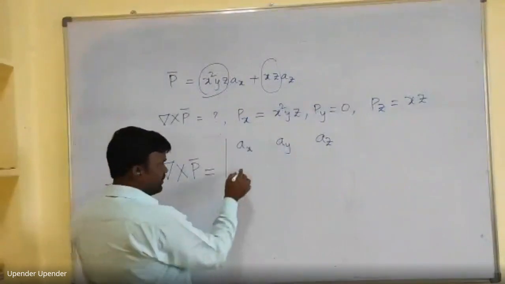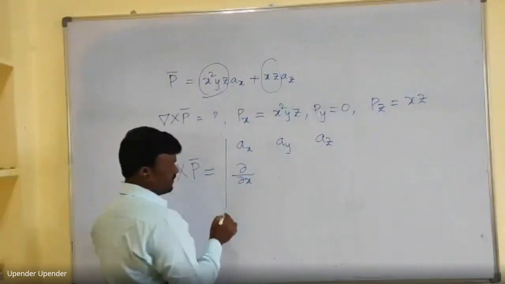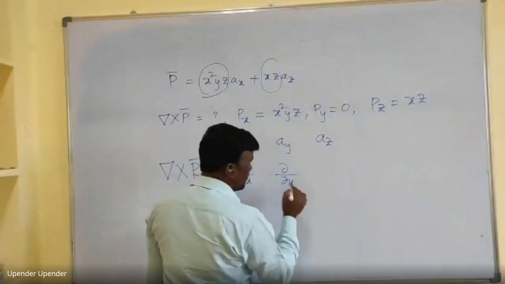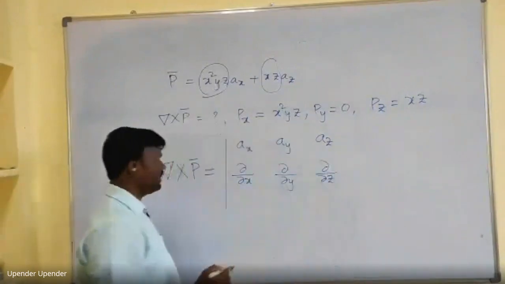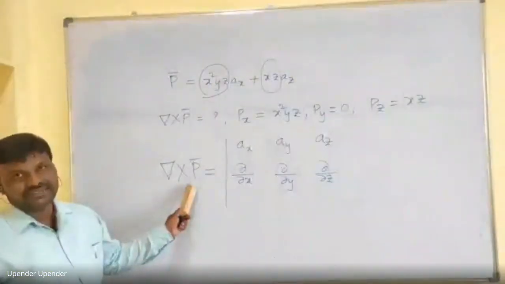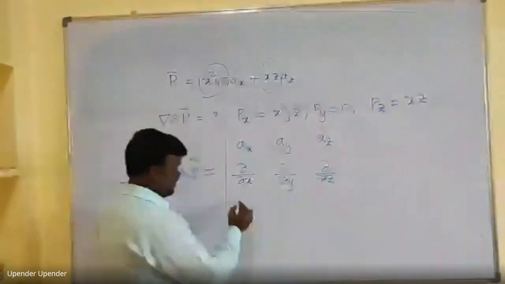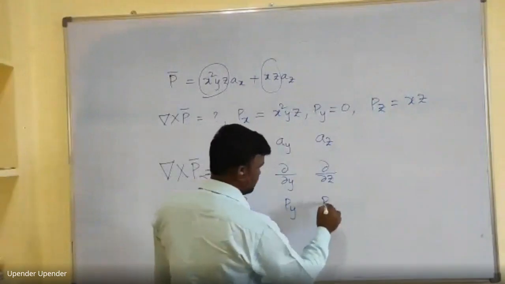Component of del along x direction is dou by dou x in Cartesian, along y direction it is dou by dou y, along z direction it is dou by dou z. Similarly, write the P components, means Px, Py, Pz.